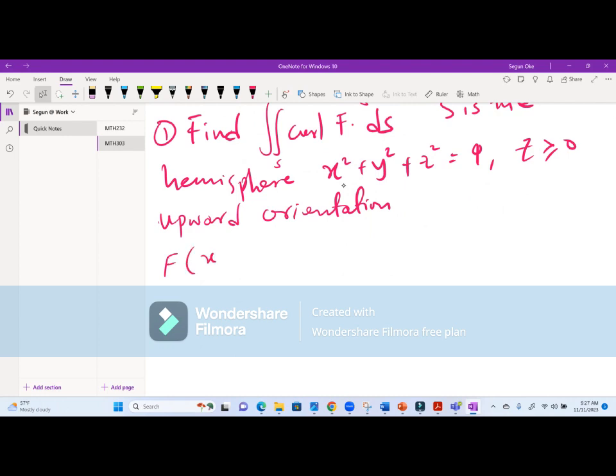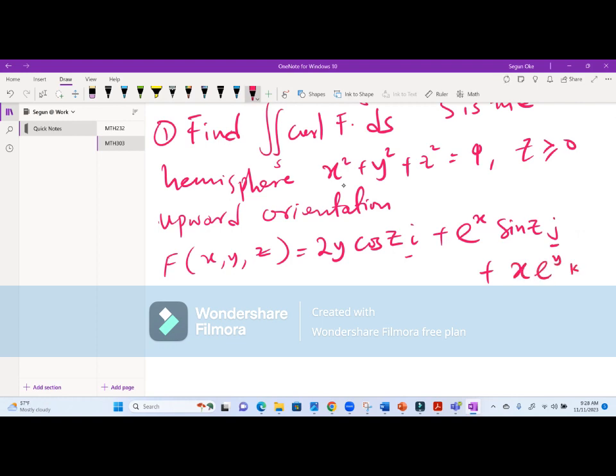F of x, y, z equals 2y plus z i, plus e to the x sine z j, plus x plus e to the y k. That's our F. So if that is the case, how do we resolve this matter?